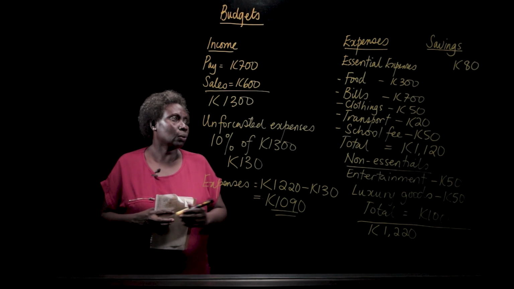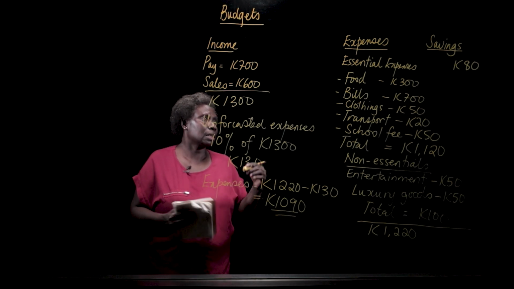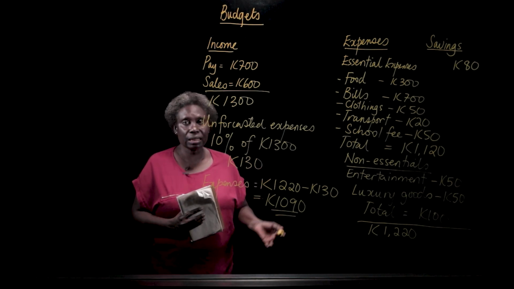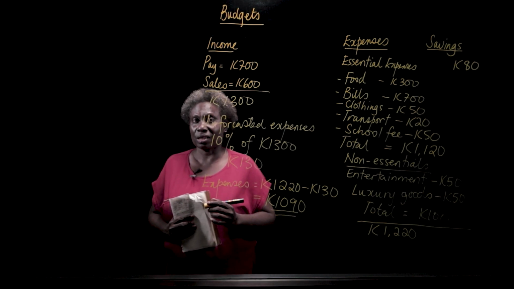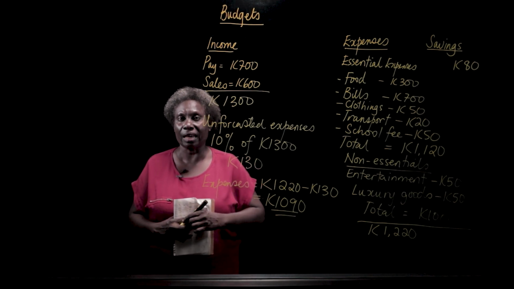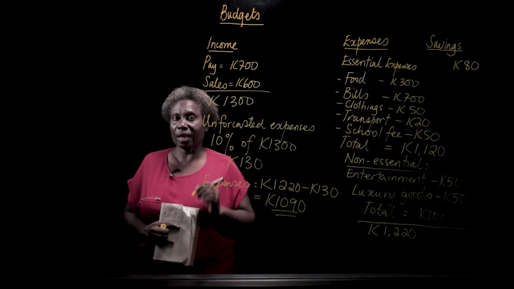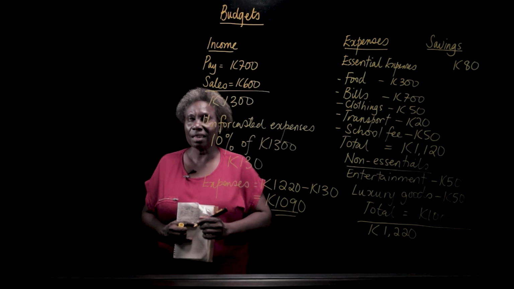Now, let's look at his savings. He is saving 80 kina in a fortnight. We want to find out how much he is going to save in a year. We know that there are 26 fortnights in a year.